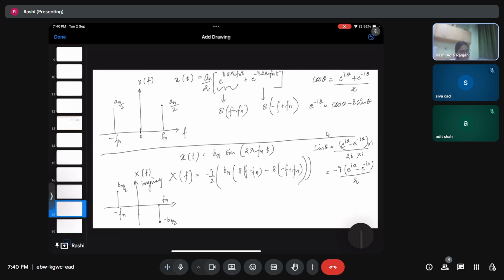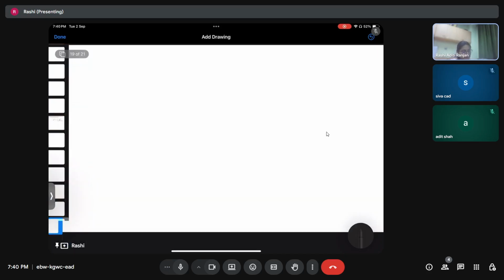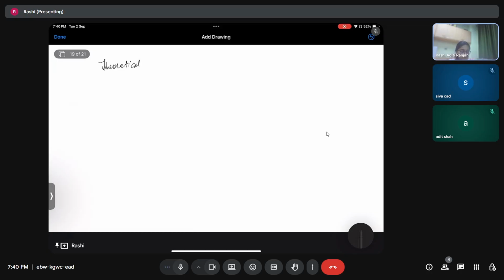So the thing is that if we have a theoretical system and a forcing function, the mathematical form is known, correct?